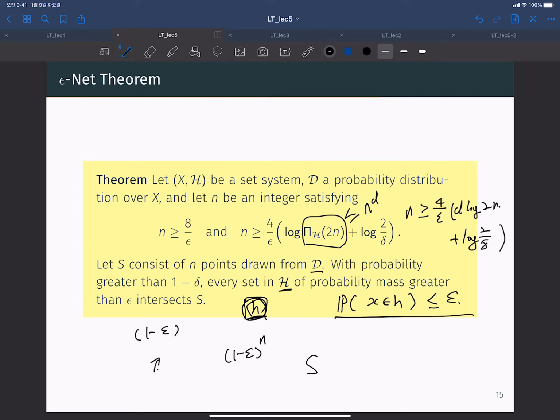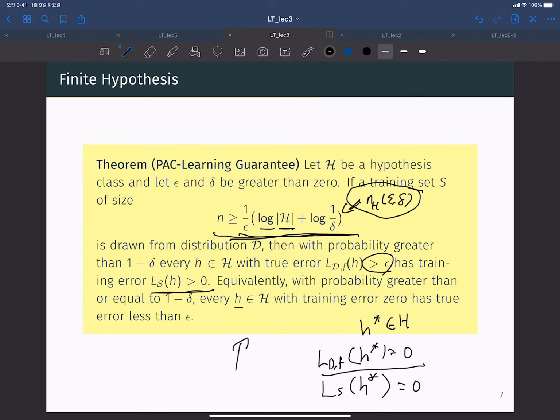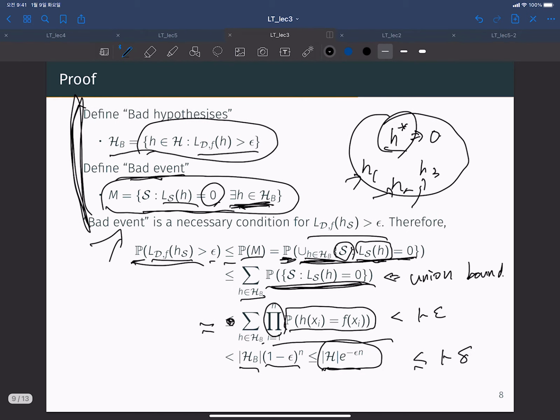Okay, so when we studied PAC learning in week 3, for the analysis we just found the upper bound of the event that the hypothesis has mass less than epsilon and every sample in the set S does not belong to the hypothesis H, which is upper bounded by 1 minus epsilon to the power n, right?